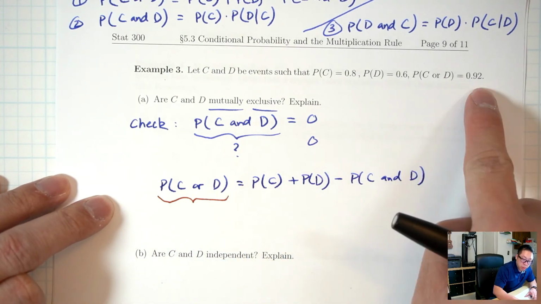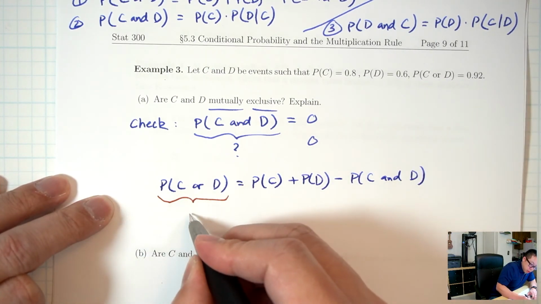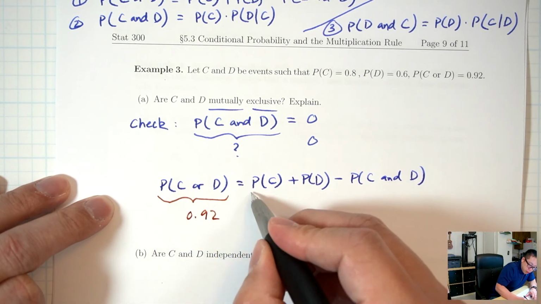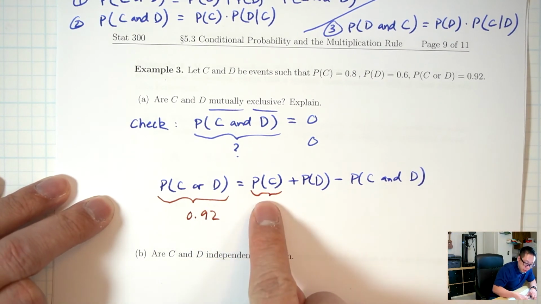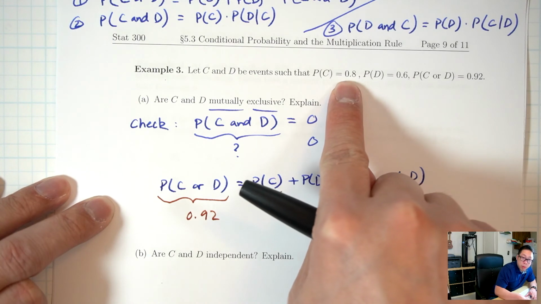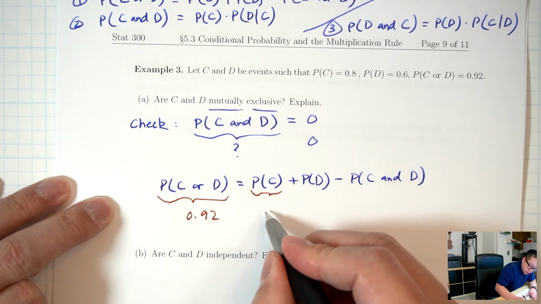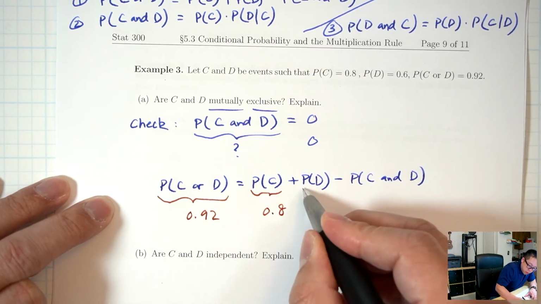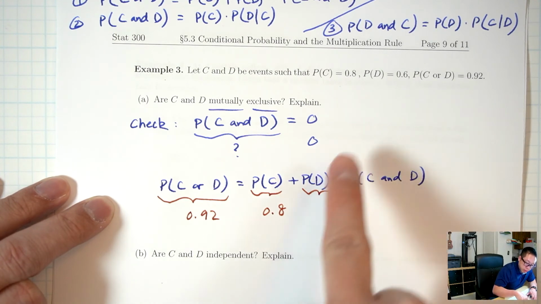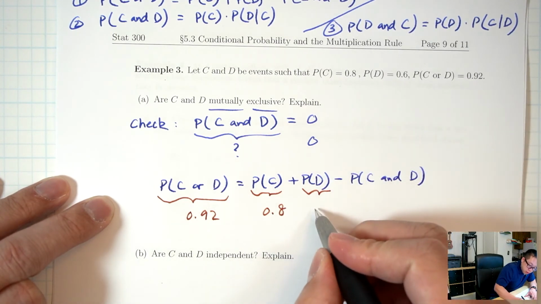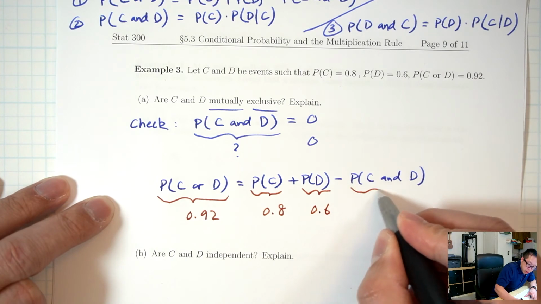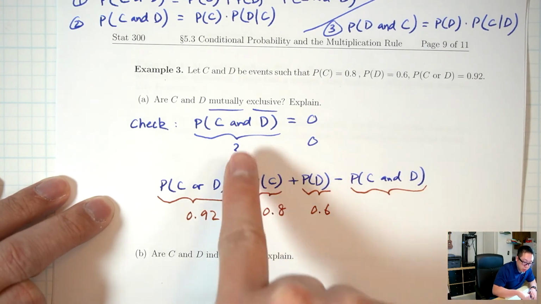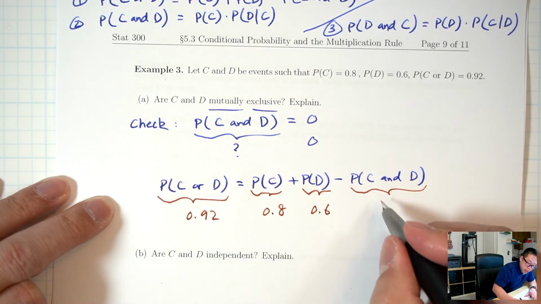It's 0.92. Probability of C, I do know the entire thing is 0.8. Probability of D, I know it's 0.6. And then probability of C and D, that's actually what I'm looking for. So let me label that with an X.